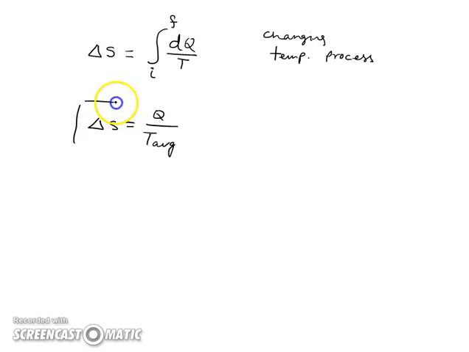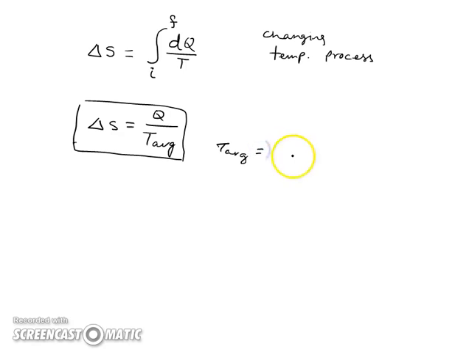So if there is a little change from initial to final, then we can just take the average temperature. So what is T average? T average is equal to the average temperature of the system during the process.